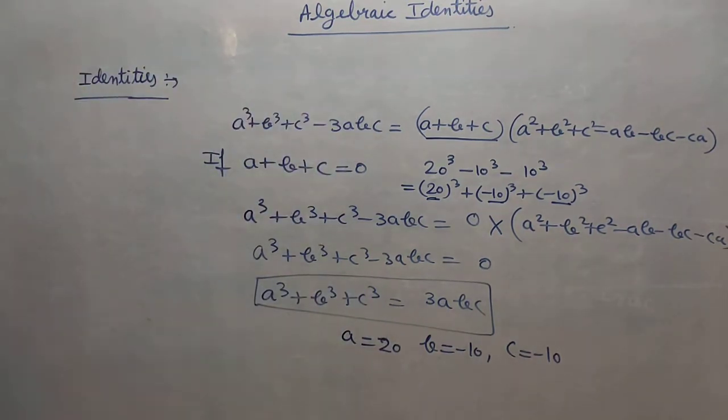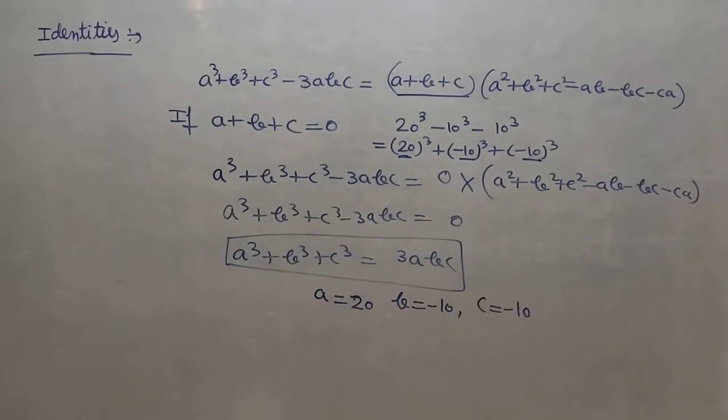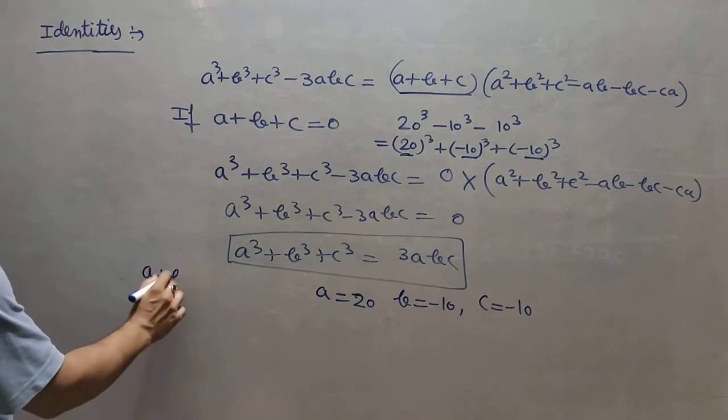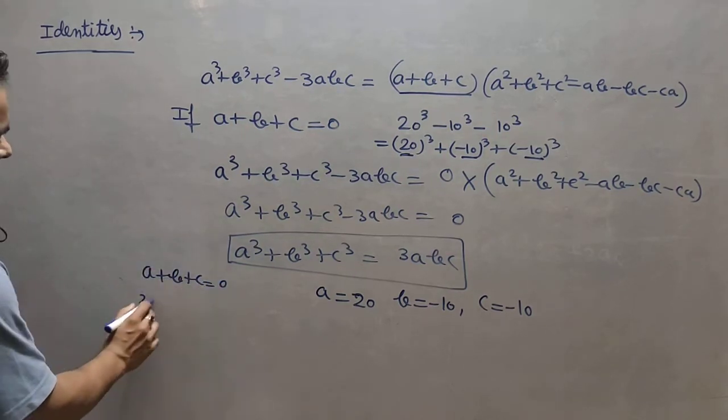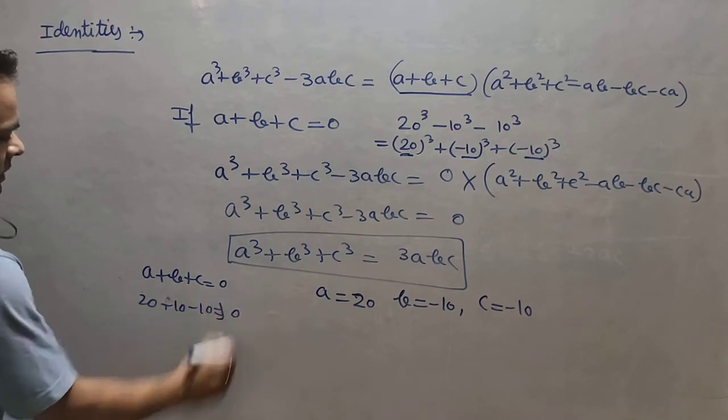If you add all a, b and c, what will you get here? You will get 0, right? So a plus b plus c is coming 0 here, because 20 and minus 10 and minus 10 will give you 0.